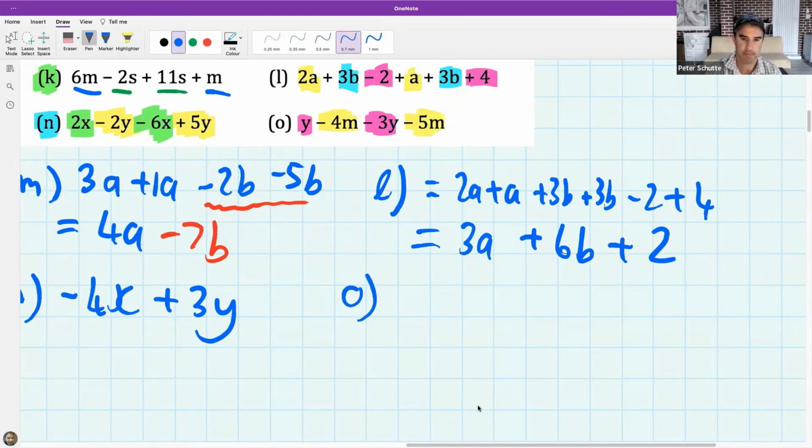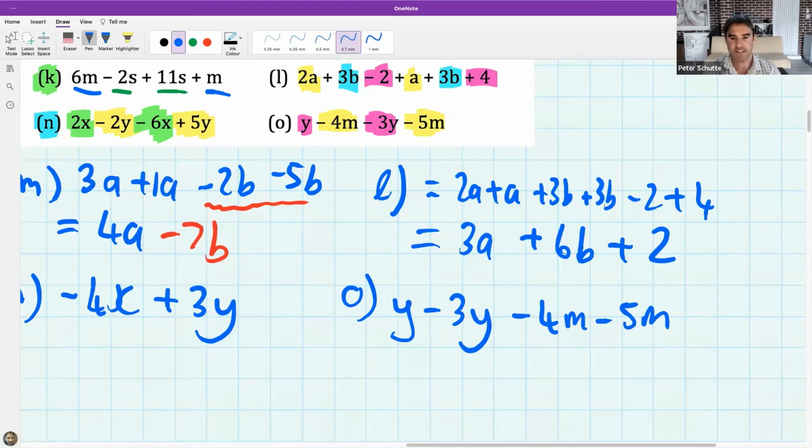Sir, would you add Y and 3Y and make it 4Y? Okay, so now be careful here. If you look at what we've got, negative 4Y. Okay, hold on. If we just wrote them out just as they are, would you agree that we have that? Just take a moment. All I've done is I've moved the pink ones next to each other, and I've moved the yellow ones.